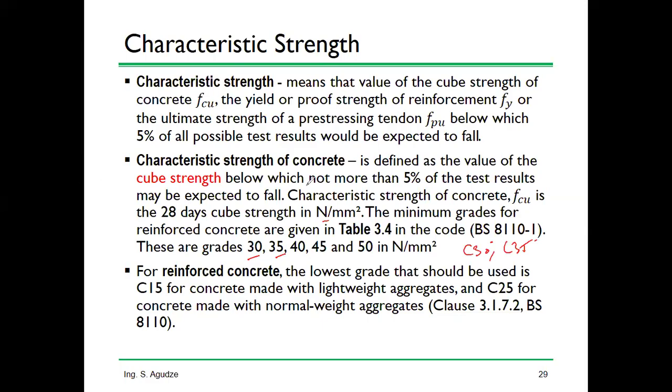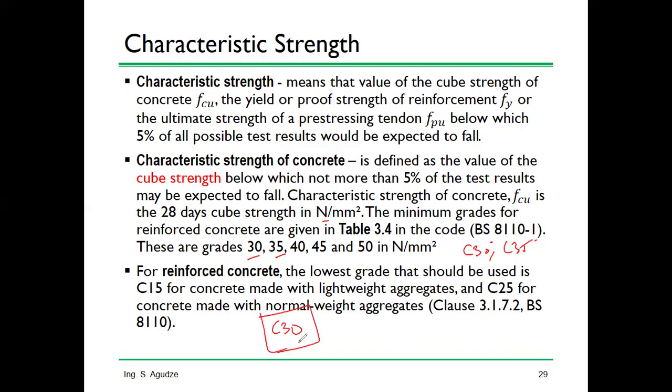If we are saying characteristic strength, remember that we test concrete cubes. So what we are saying is that if we test 10 cubes at the lab, not more than 5%. Okay, let me put it. So let's say we want a strength of C30.